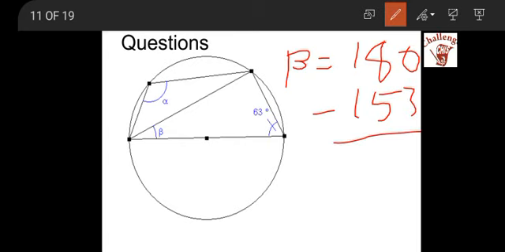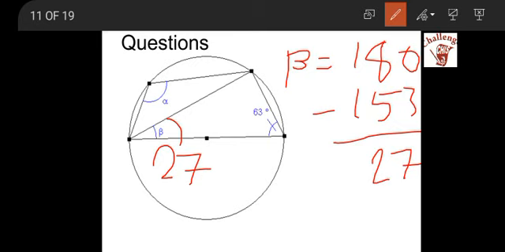Then we do the subtraction. We get 7 and here we get 2. That means beta equals 27. You see, we have calculated beta and we have found the value of alpha.